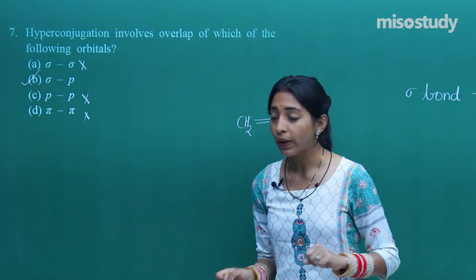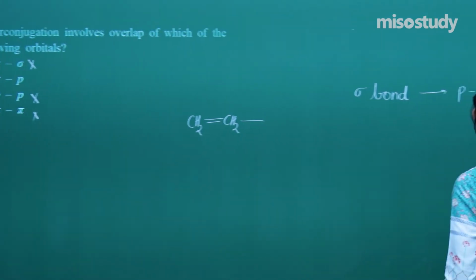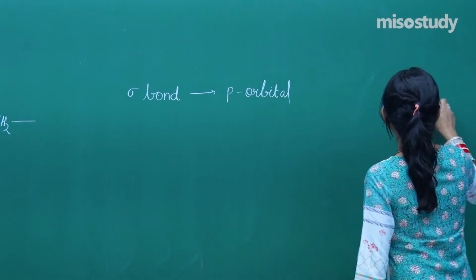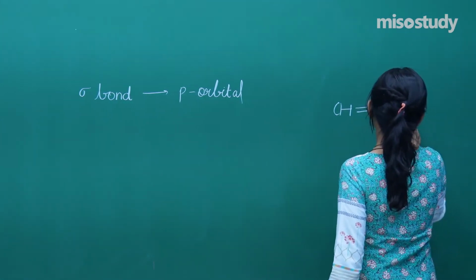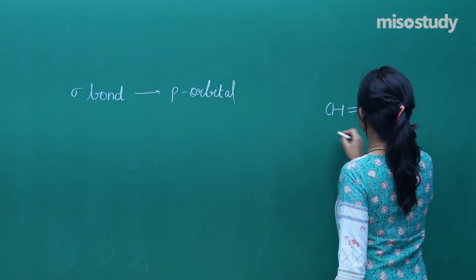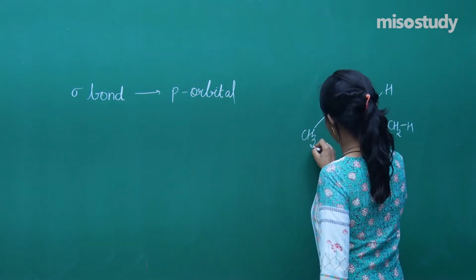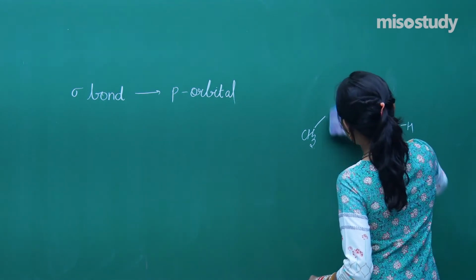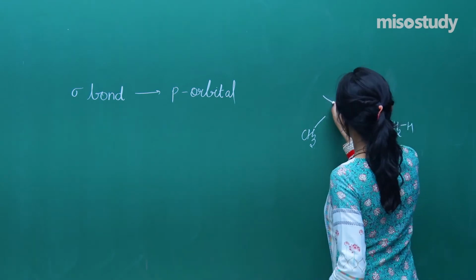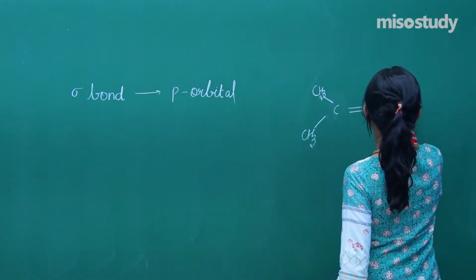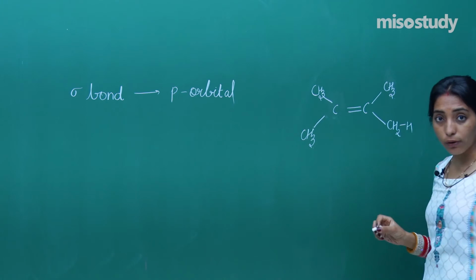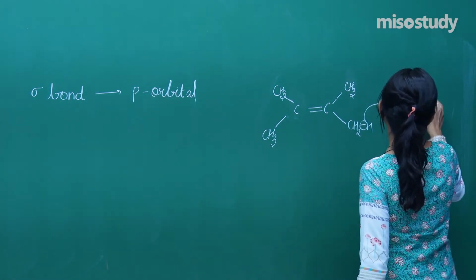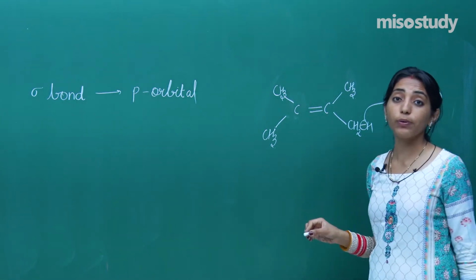For example, if I take the compound CH3-CH=CH2, or if I remove all the single hydrogens and in their place keep CH3 only, like this, then these sigma bonded electrons will be utilized for hyperconjugation.